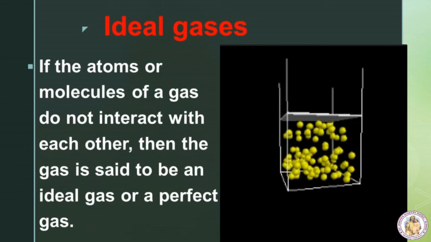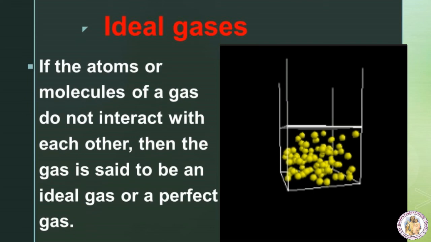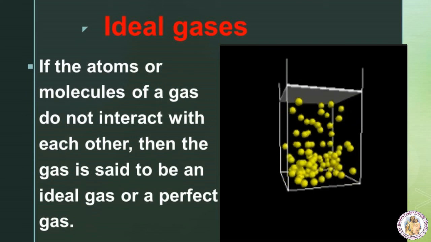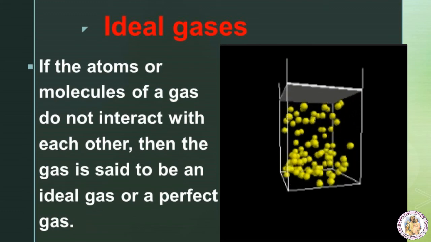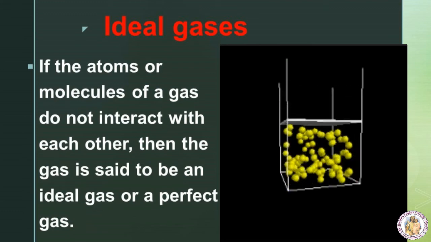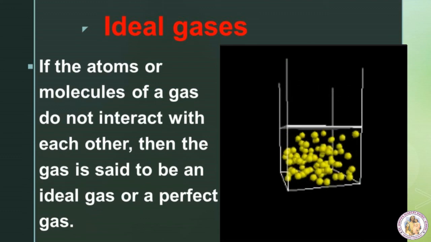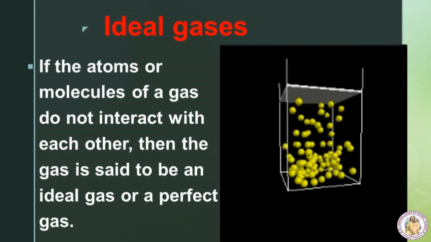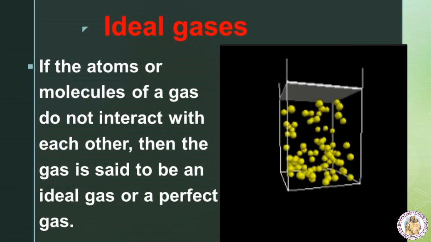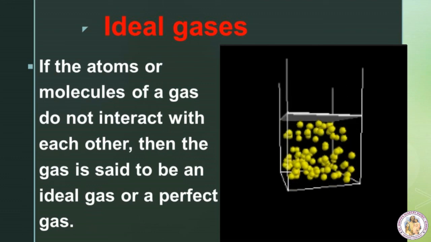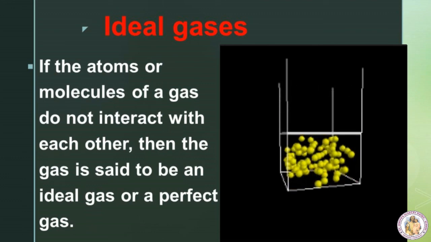There is no interatomic or intermolecular force of attraction between the molecules and atoms at very high temperature or low pressure. At that time, real gases behave like ideal gases.